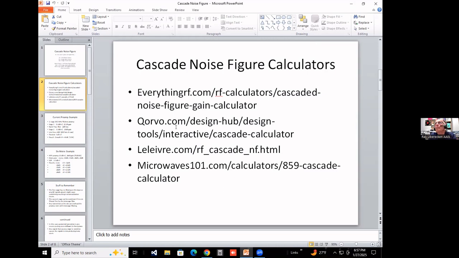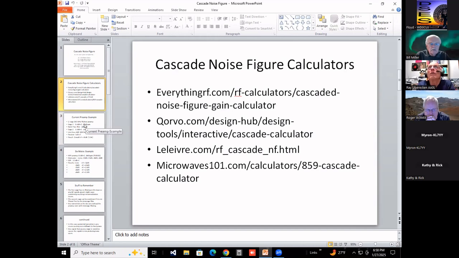But anyway, I use this last one down here as the one I used to calculate all these numbers. Understand that these sites also have a lot of other calculators related to our design. So you'll have a good time just going over and looking at these sites. They're very, very helpful.